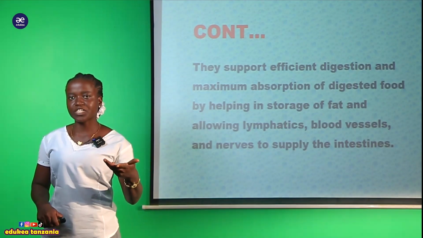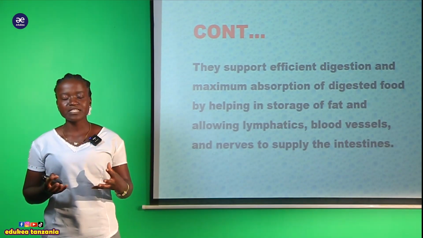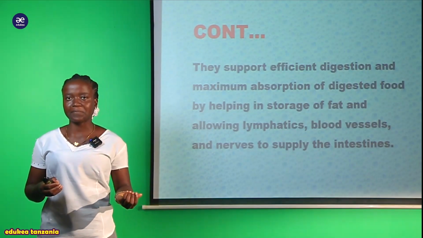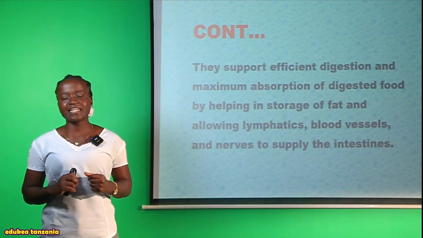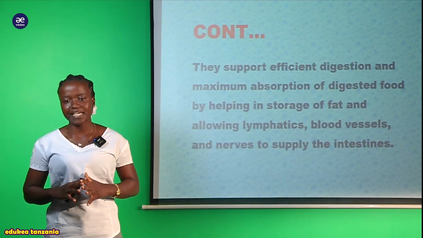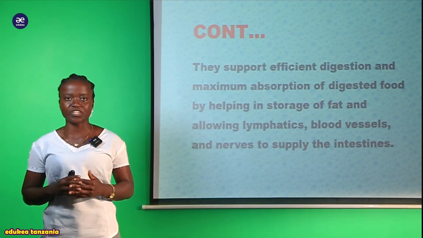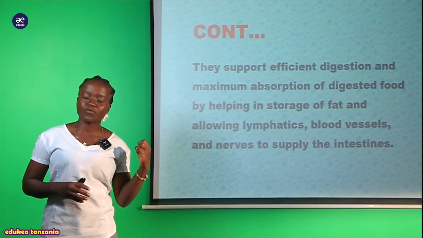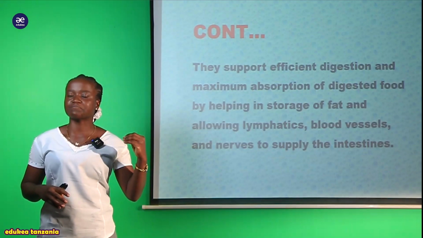So zile lymphatic content zinatoka kule kwenye zile hepatic portal vein, zinaingia ndani ya intestine kwa urahisi zaidi iweze kusaidia masuala mazima ya digestion. Is with the help of this structure that is mesentery.